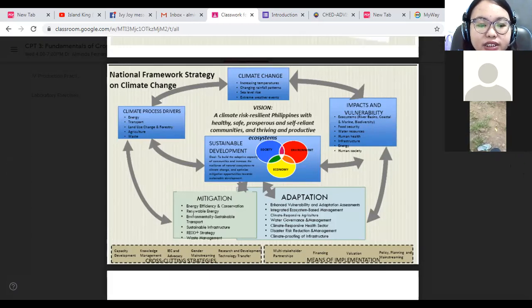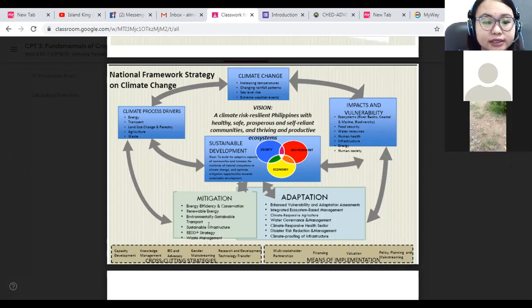Like energy efficiency and conservation, renewable energy, environmental sustainable transport, sustainable infrastructure, and REDD strategy, waste management.